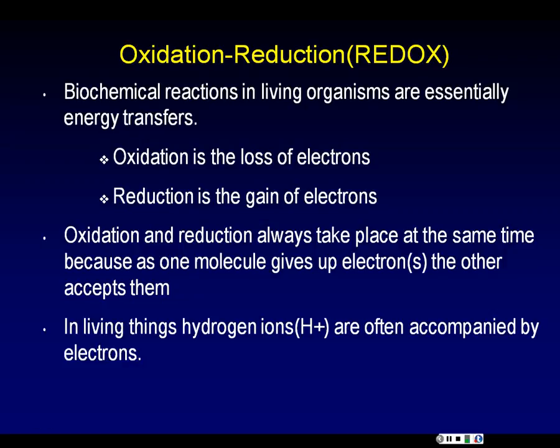And this is the other statement I made. In living things, we have these hydrogen ions accompanied by the electrons. Usually you see one, you don't see the other one somewhere close by.